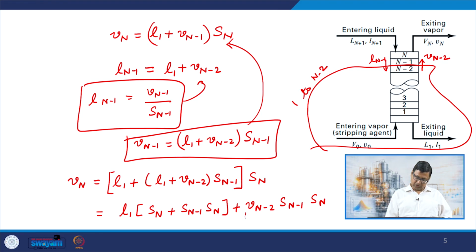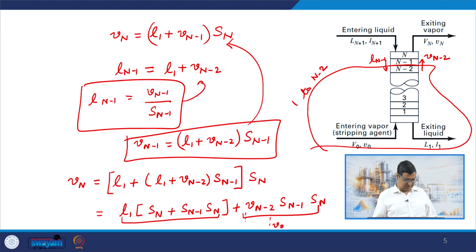If I continue to do that, you will see eventually this term will go to V0, and V0 is equal to 0, and the remaining terms give me the series.